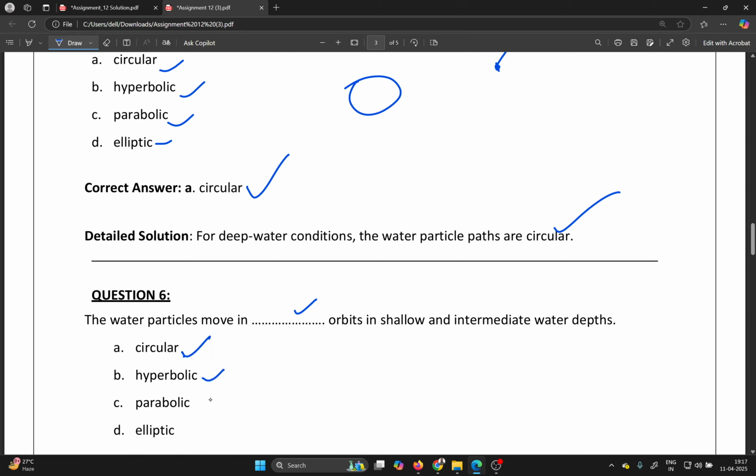Whether circular, hyperbolic, parabolic, or elliptic. The water particle moves in which orbit in shallow and intermediate water depth? Previously we were talking about the deep water condition, but here you have the shallow and intermediate condition. So which option will be correct?